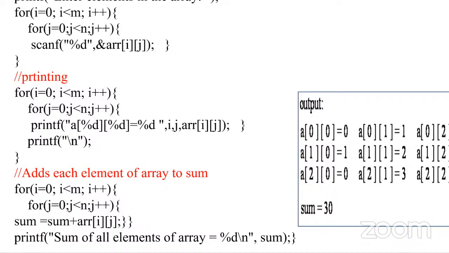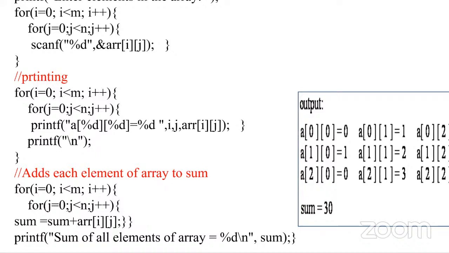And what will it compare here? 0 is less than n. What is the n value? 4. That means 0 is less than 4. Is the condition true or false? True. It will go to the printf with percentage d.